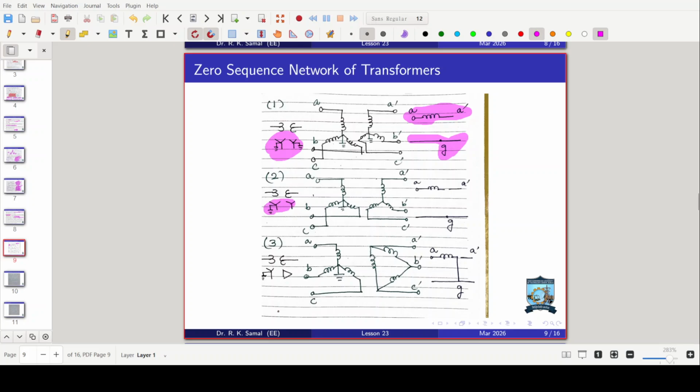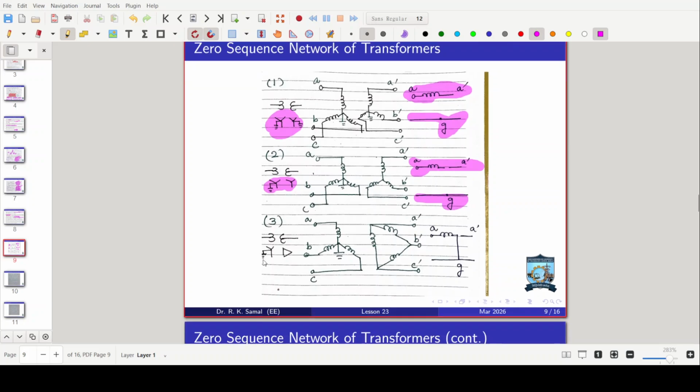Similarly, this is the star grounded but star open, and this is the connection. Here there is a gap because there is no ground connection on the secondary side. Next is the star grounded delta connection. This is the connection, and this is the zero sequence network.